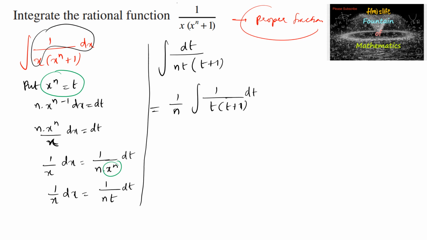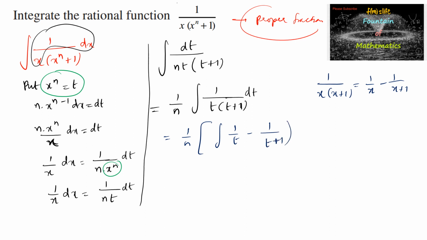And we have the property 1 upon x into x plus 1 is equal to 1 by x minus 1 by x plus 1. So here you can write 1 upon n integral 1 by t minus 1 by t plus 1 dt, which is equal to 1 upon n, integration of 1 upon t is log mod t minus integral 1 upon t plus 1 is log mod of t plus 1 plus c.